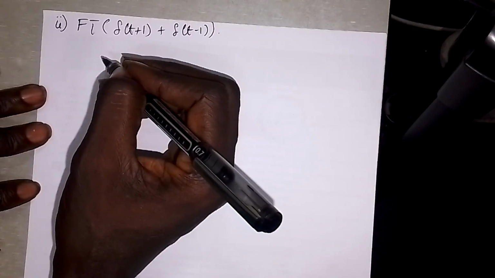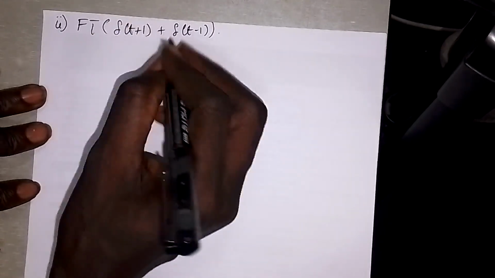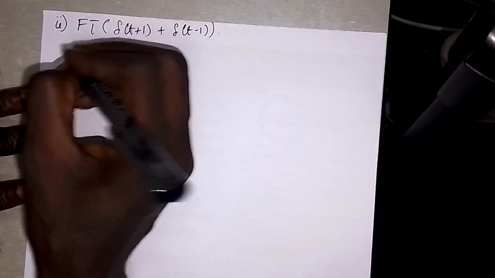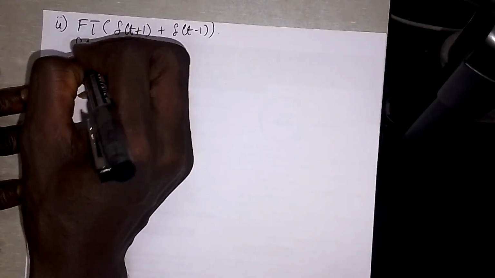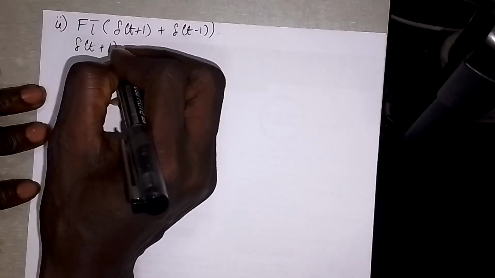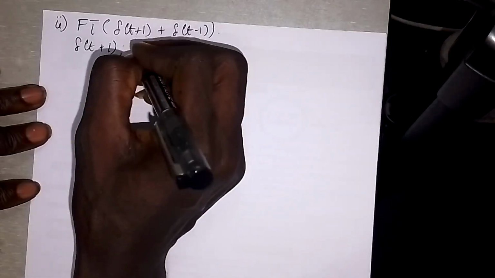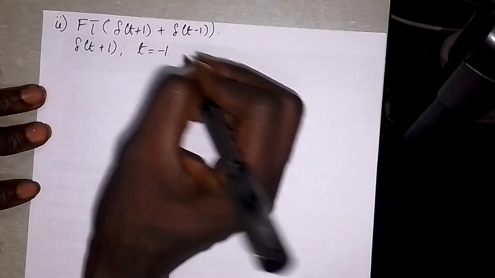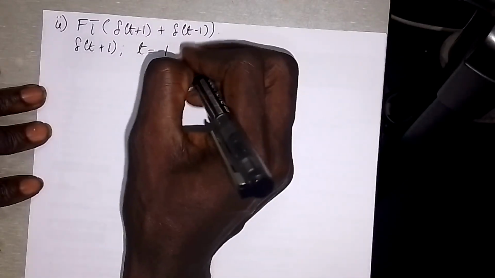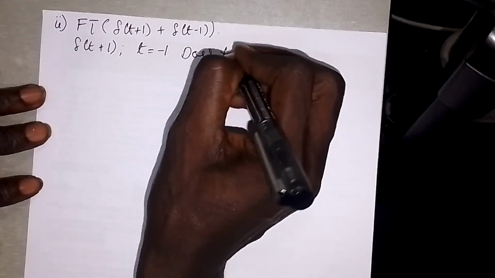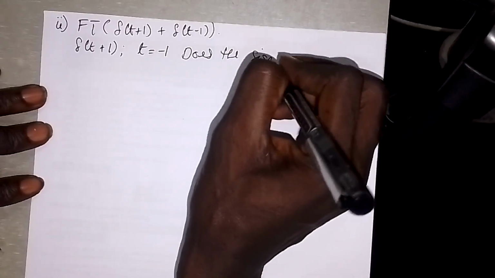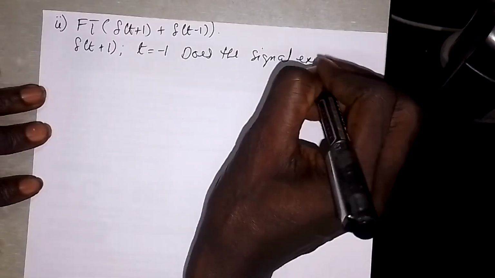If you have a signal delta of t plus 1, what it actually means is that t is equal to minus 1.